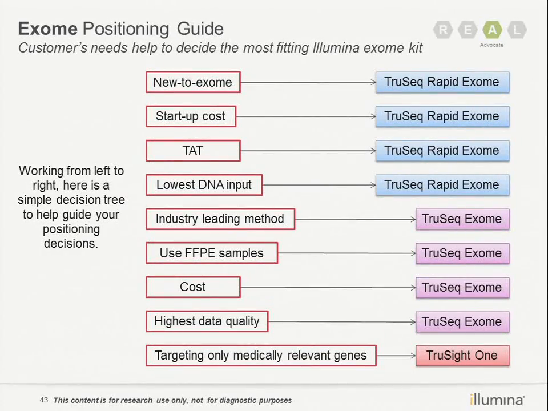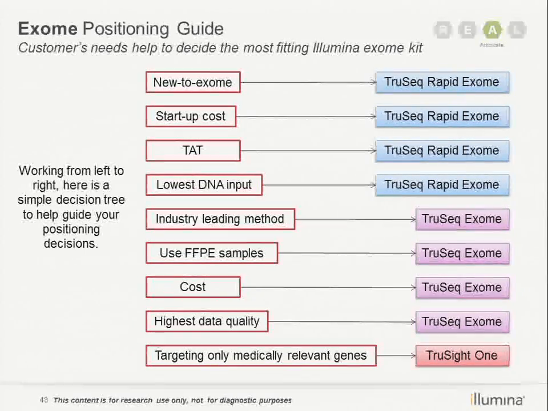But if you prefer a classical way to prepare the library, or you use FFPE samples, you care about the total cost of your exome sequencing, and you prefer the highest data quality rather than the turnaround time, you can select the TruSeq Exome.